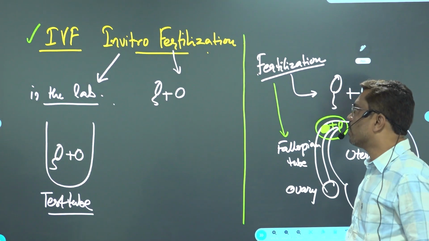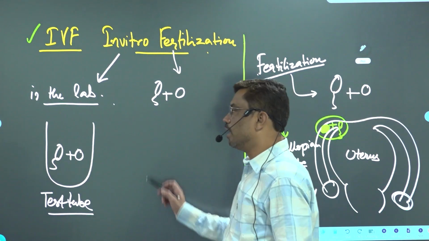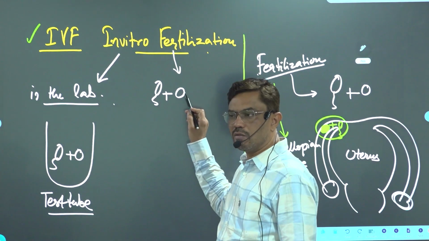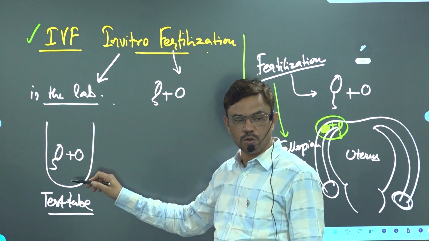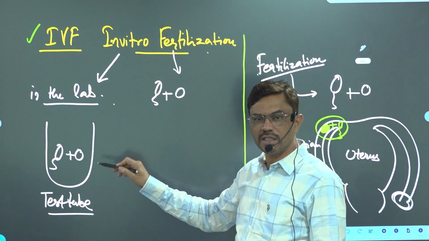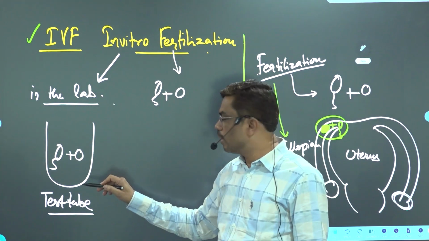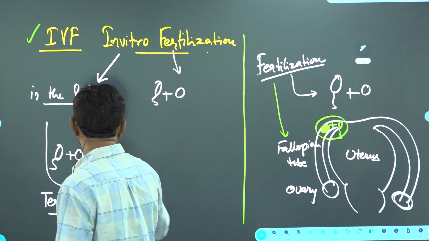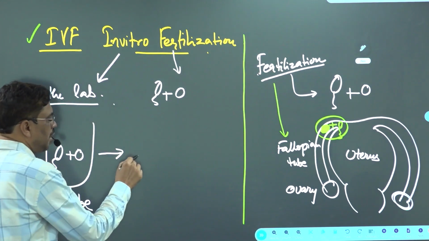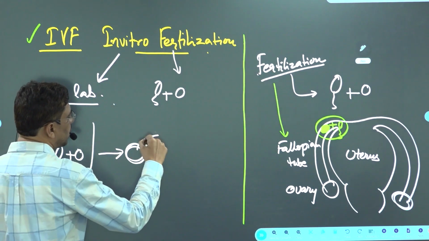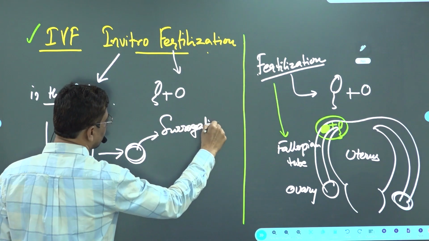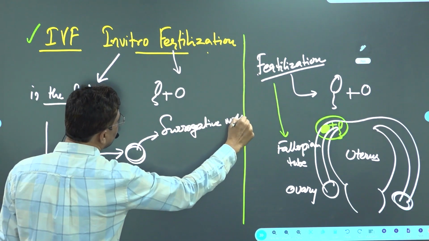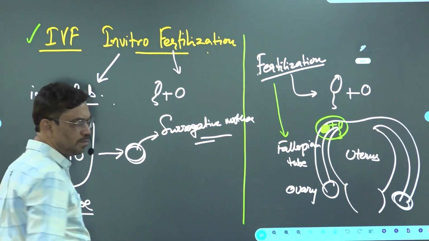In this IVF technology, a healthy sperm and an ovum are collected. These two get fertilized in the laboratory in a test tube. After some time, the embryo will be inserted into a surrogate mother, or the embryo can be inserted into the mother's womb.